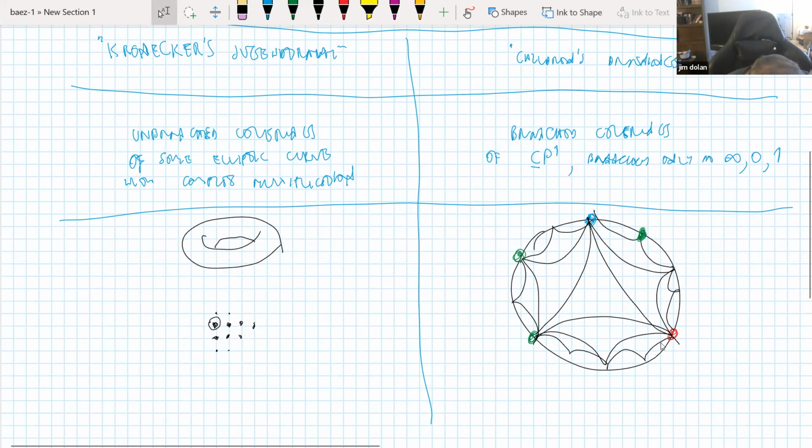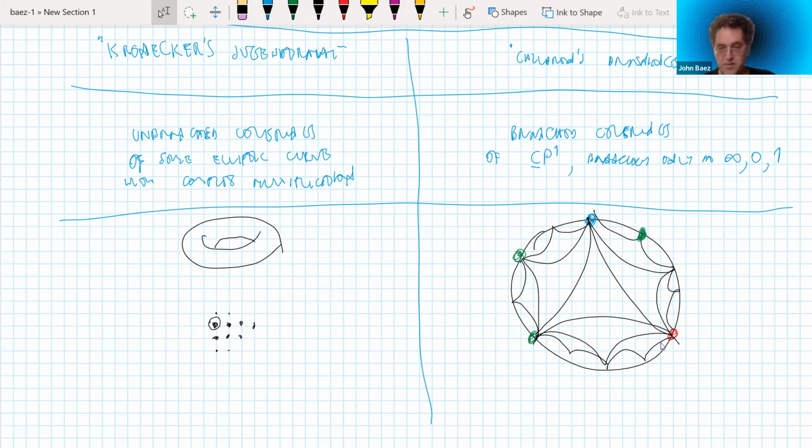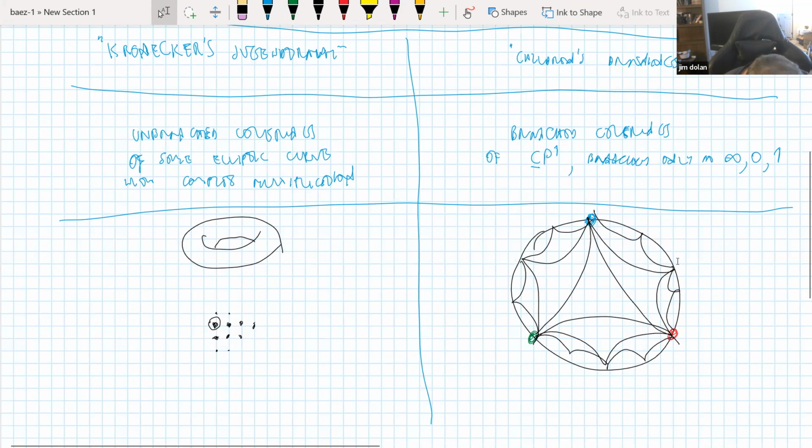Am I doing this right? How did this come out? It doesn't seem right, does it? 1, 2, 3. No, I didn't do the coloring right. Let me try the coloring again. It's coming out like that.